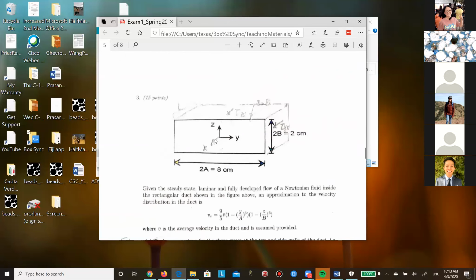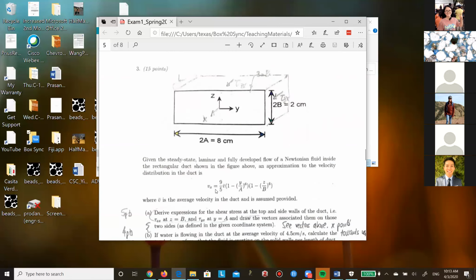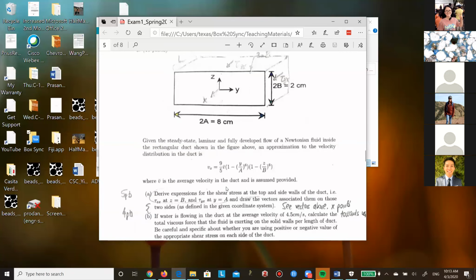I pointed X in this direction. Whether you point X to the front or to the back is not all that important, but it's orthogonal to this Y and Z. So what we're given is the X velocity through this duct in terms of Y and Z. And I pretend that I know the average velocity.